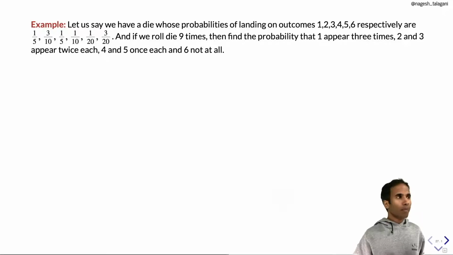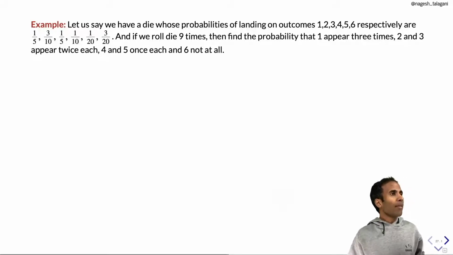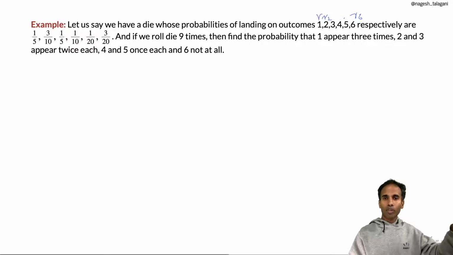Here is the example. Let us say we have a die whose probabilities of landing on outcomes 1, 2, 3, 4, 5, 6 respectively are 1 by 5, 3 by 10, 1 by 5, 1 by 10, 1 by 20, 3 by 20. Here our experiment results in 6 possible outcomes, R1, R2, so on to R6, where R1 is 1, R2 is 2, so on, R6 is 6.